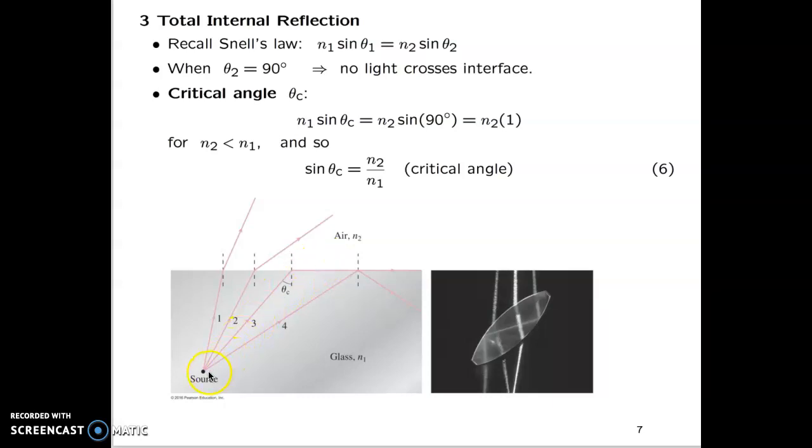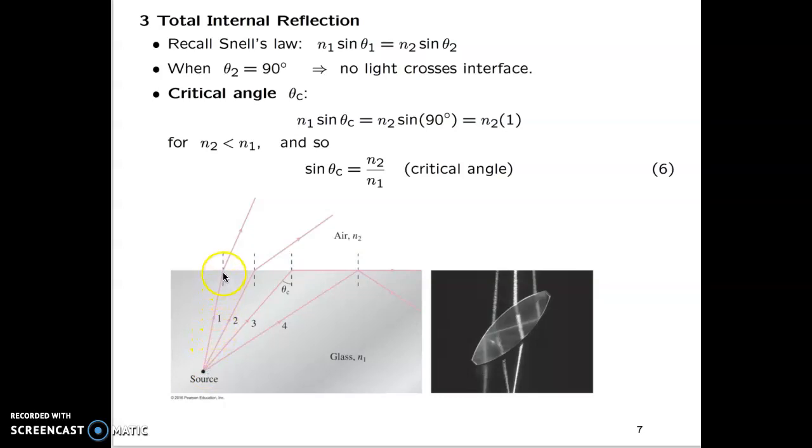What happens to the light as it crosses this interface? Well, the light bends. Now remember, we said when light went from a lower index of refraction to a higher index of refraction, it bent towards the normal. Here it goes the opposite way.